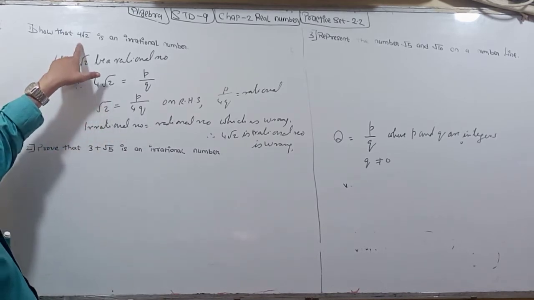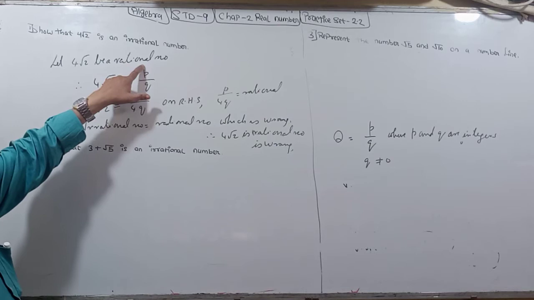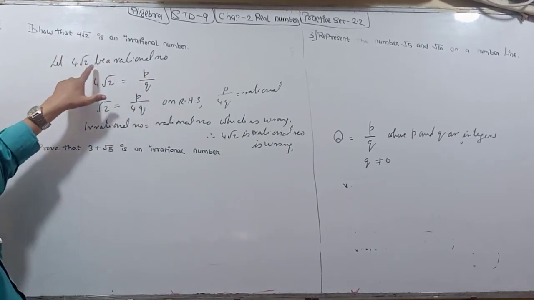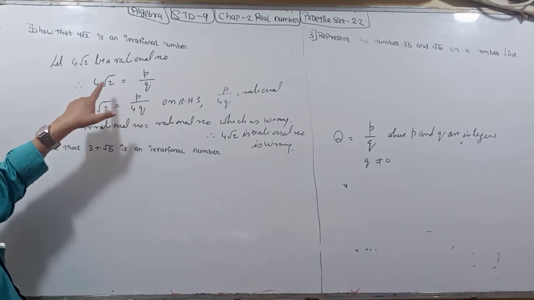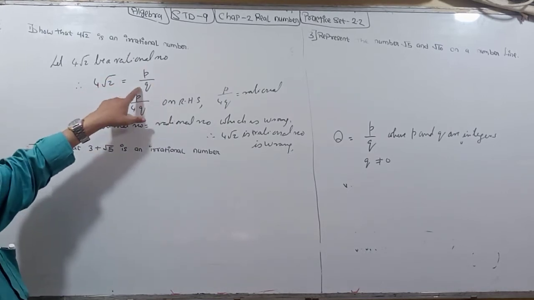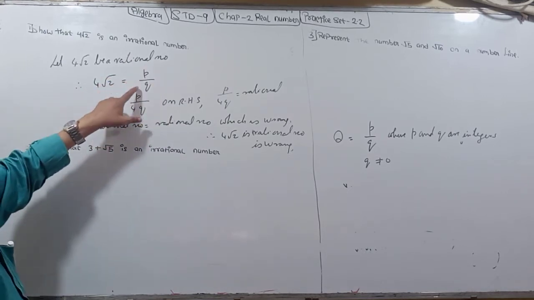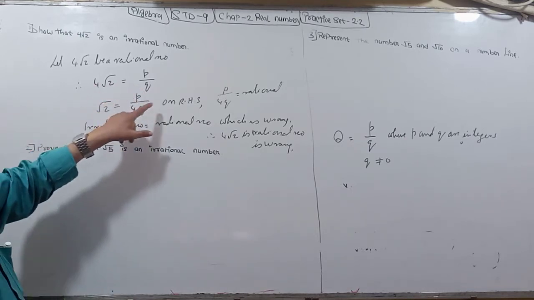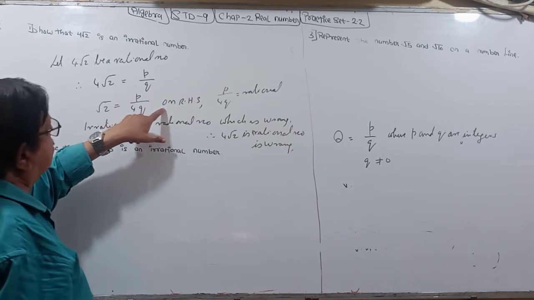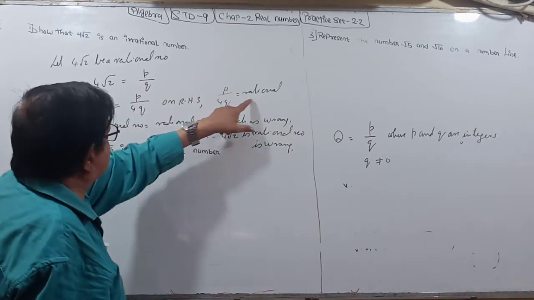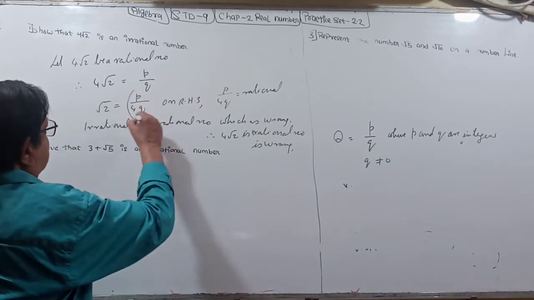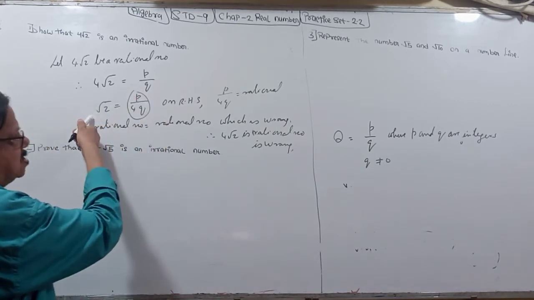Here we assume that 4 root 2 is a rational number, and we have to prove that 4 root 2 is an irrational number. Let 4 root 2 be a rational number. Therefore, 4 root 2 equals p upon q, so root 2 equals p upon 4q. We divided by 4. The RHS, p upon 4q, is a rational number, but this side is not a rational number.